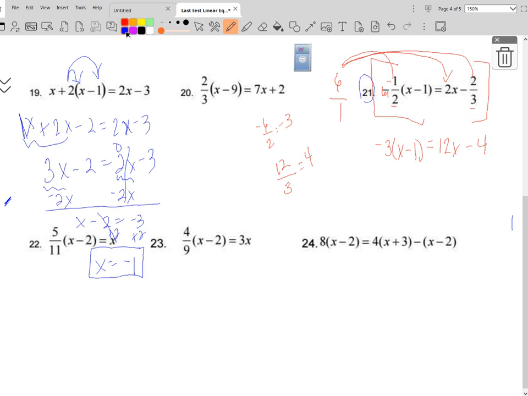So now, I've gotten rid of my fractions. Now I'm going to distribute, and then look for my next if necessary. This is negative 3x plus 3 equals 12 times x minus 4.